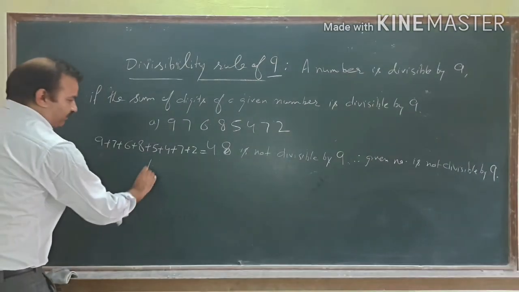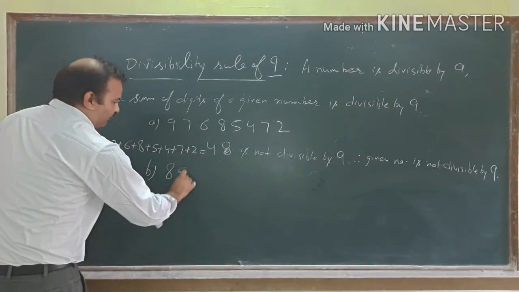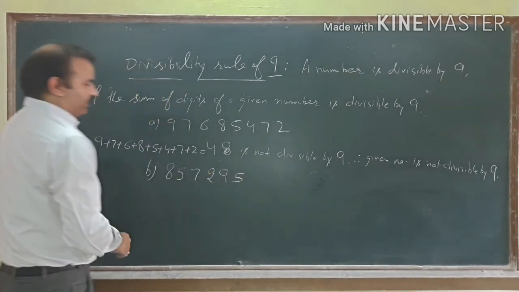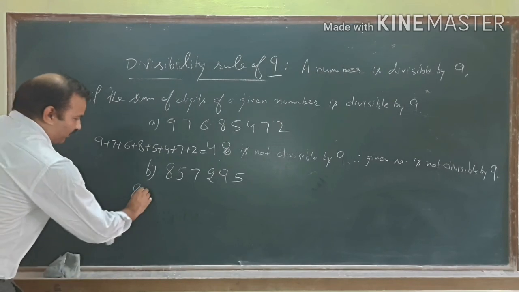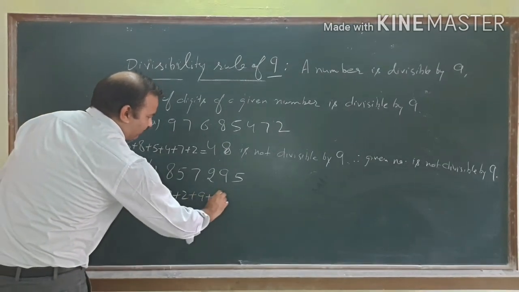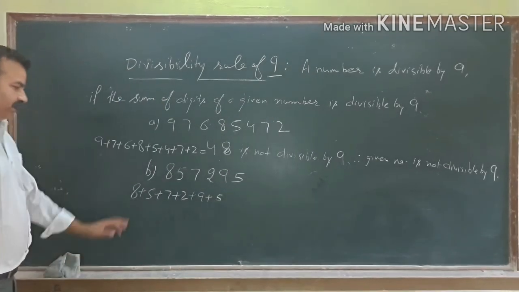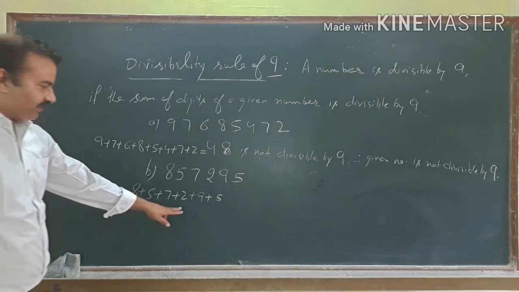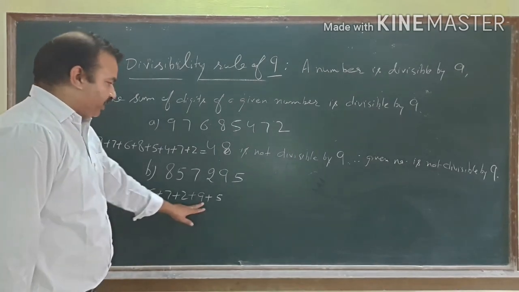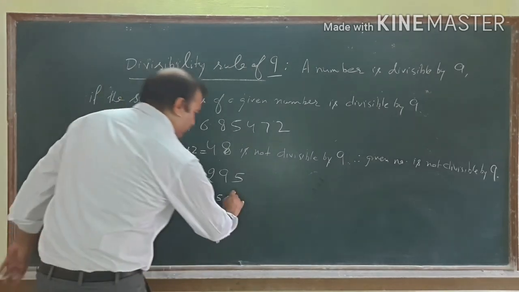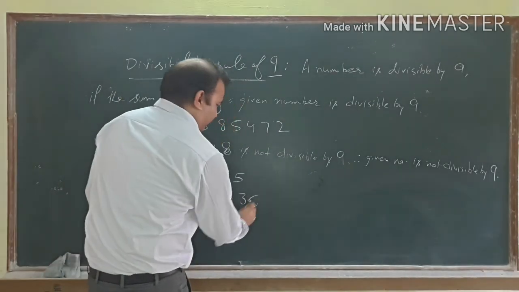Let's take one more example, 857295. If you add this, it becomes 8 plus 5 plus 7 plus 2 plus 9 plus 5. So 8 plus 5, 13. 13 plus 7, 20. 20 plus 2, 22. 22 plus 9, 31. 31 plus 5 is 36.